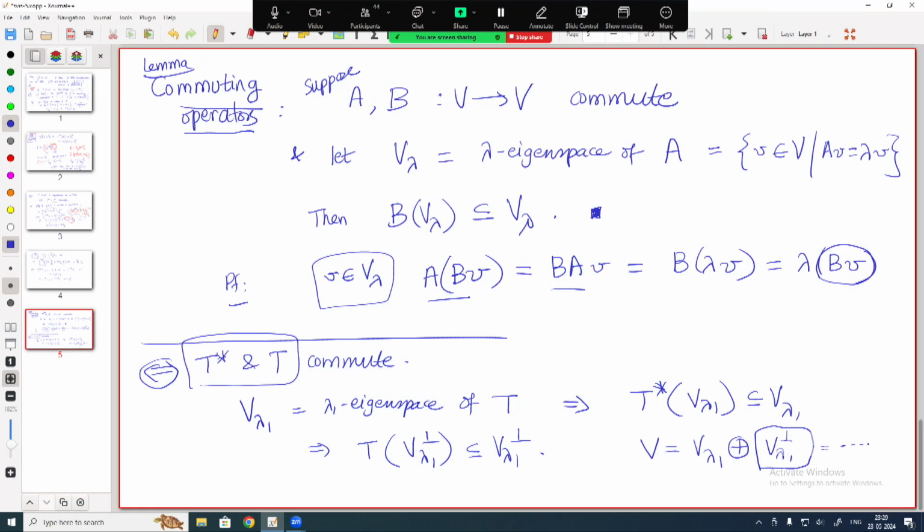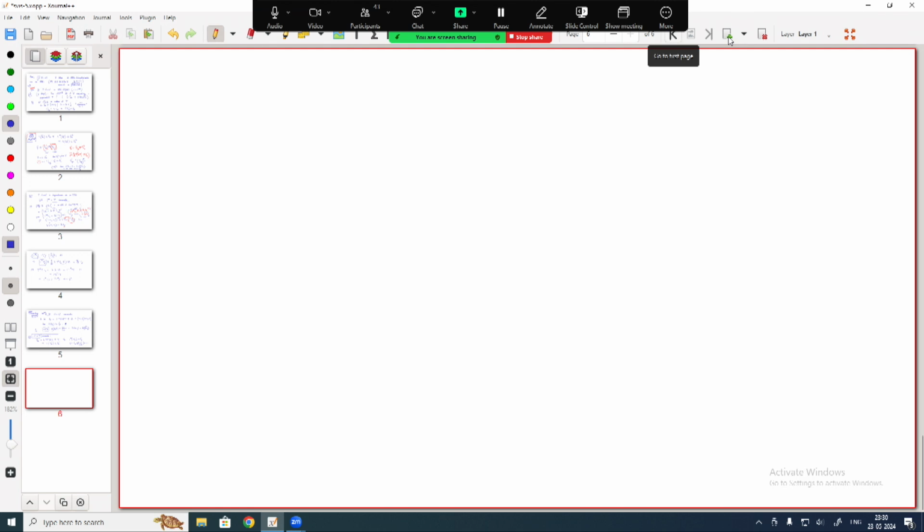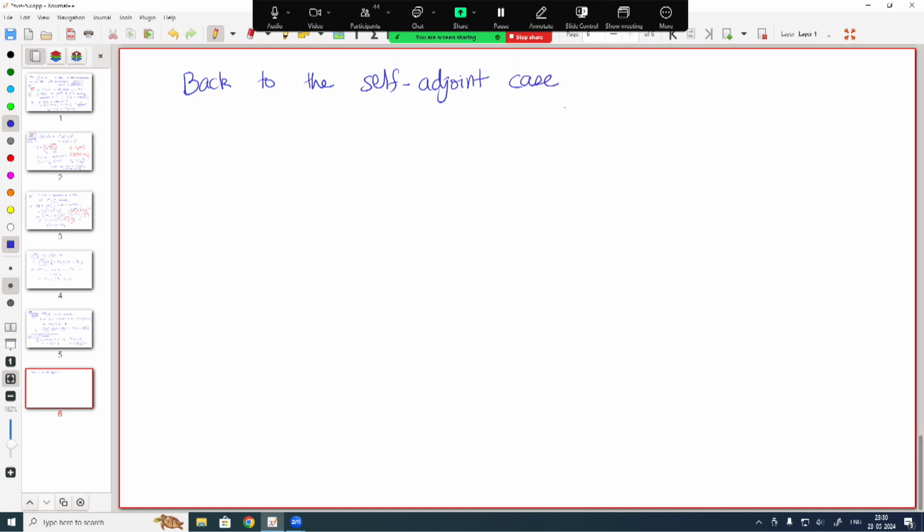This is maybe one of the high points of linear algebra, at least related to orthogonality and so on. Now, what I want to do next is focus back on the self-adjoint case. Okay. So, let us go back to the self-adjoint operator.